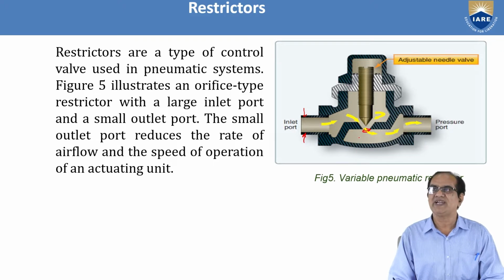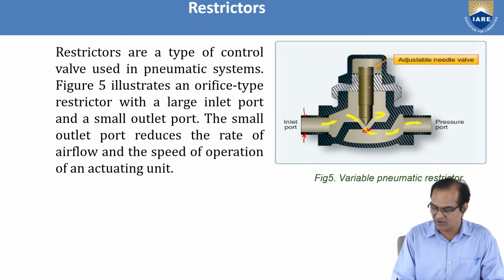In the variable pneumatic restrictor, the position of this adjustable needle can be adjusted by a screwdriver. Just open this cover, put a screwdriver here and rotate it. If you are putting it down, the passage will be further reduced. If you want to move it further up, the passage will be more.